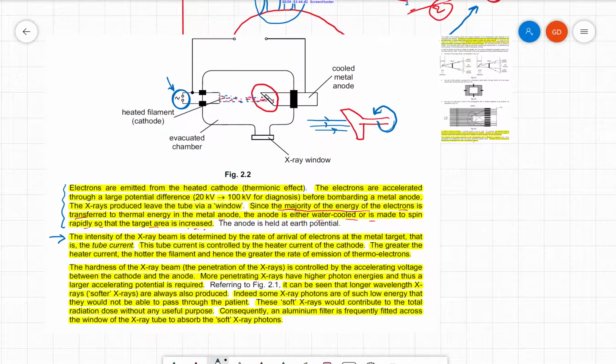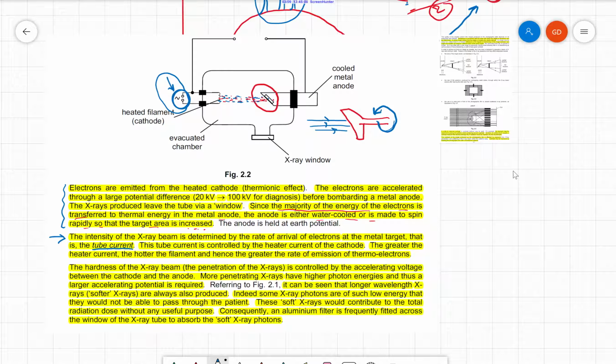So the current of electrons passing from the cathode to the anode is what we call the tube current, and by controlling the voltage at the filament, we control the tube current, and therefore we control the intensity of the X-ray.